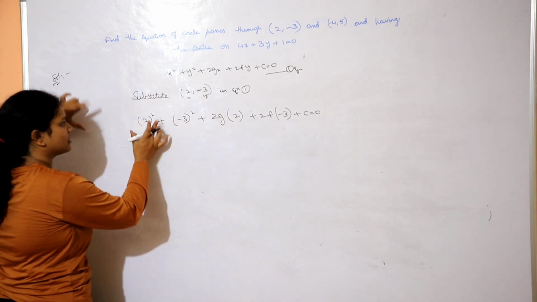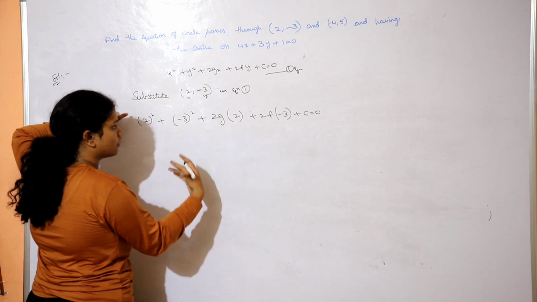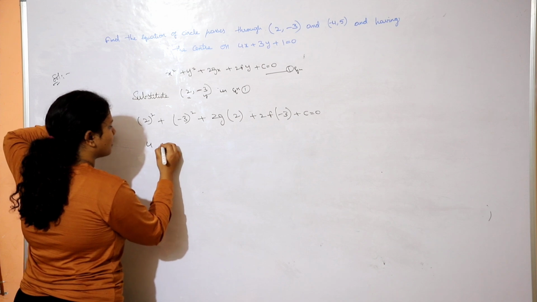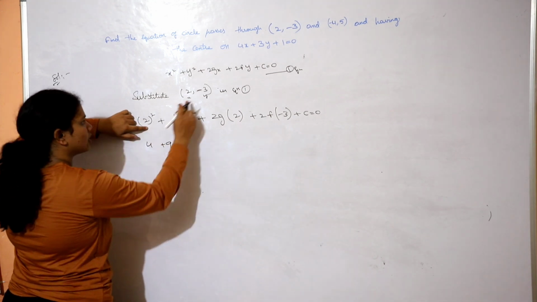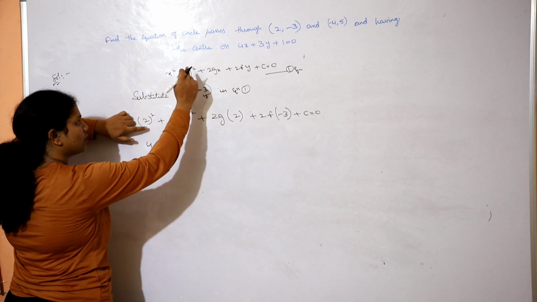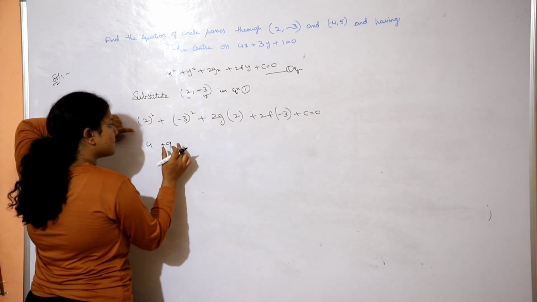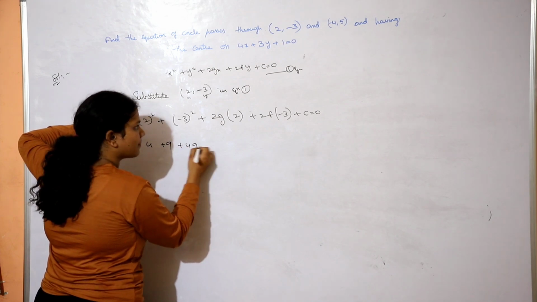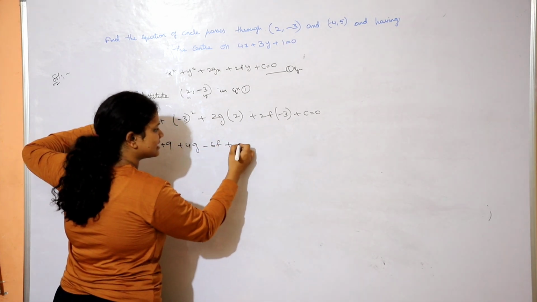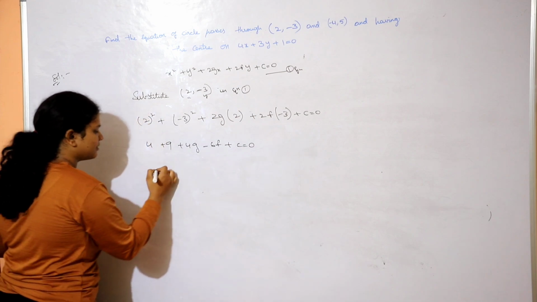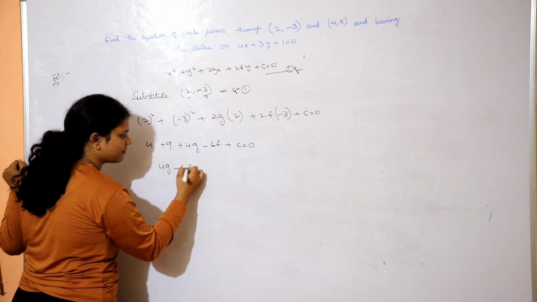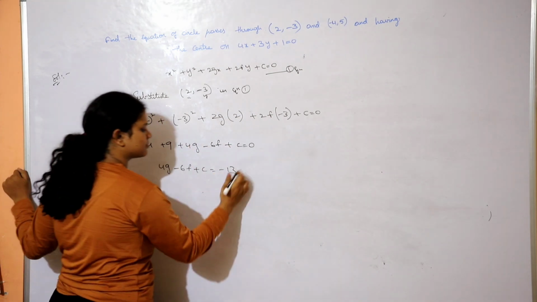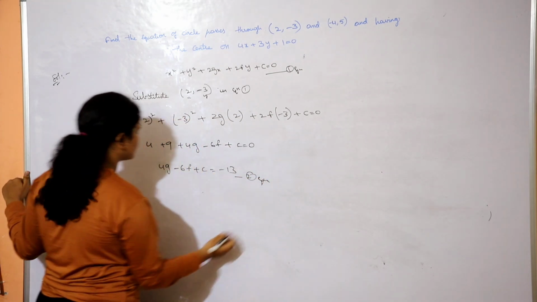Just substitute 2 value in x and minus 3 value in y. So this becomes 4 plus 9 plus 4g minus 6f plus c equal to 0. 4 plus 9 becomes 13. So 4g minus 6f plus c equals minus 13, taking the 13 to the other side. Let this be equation number 2.